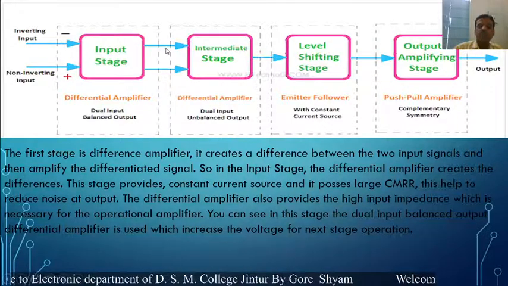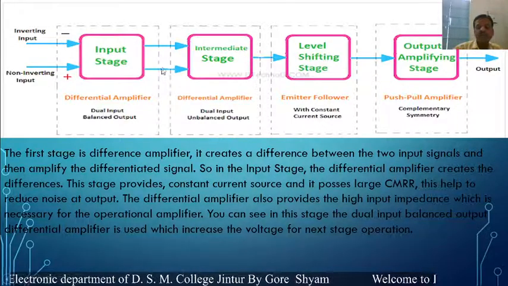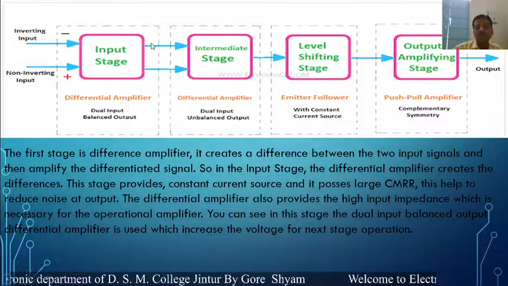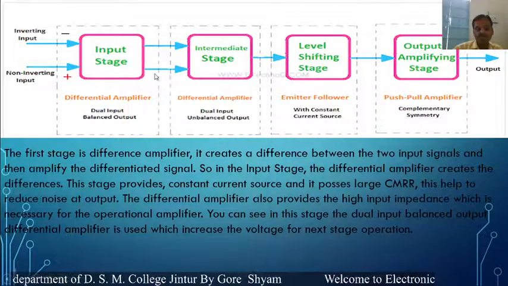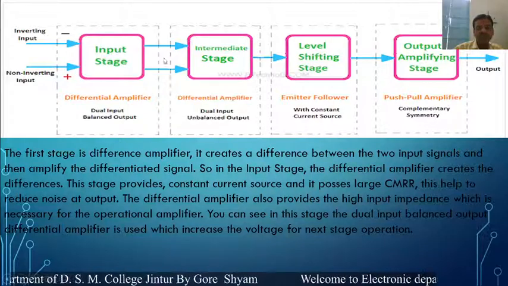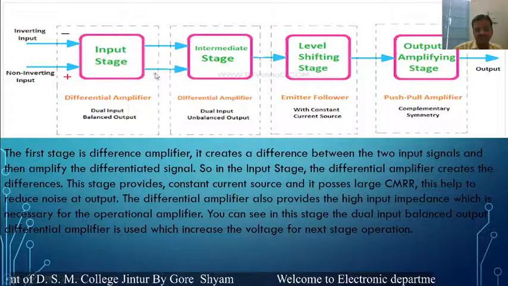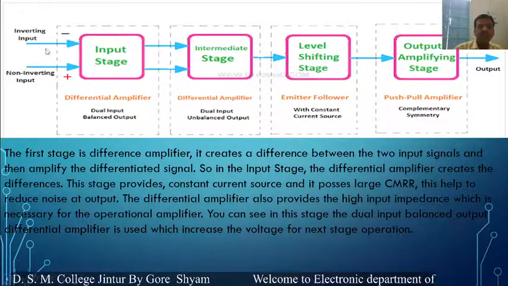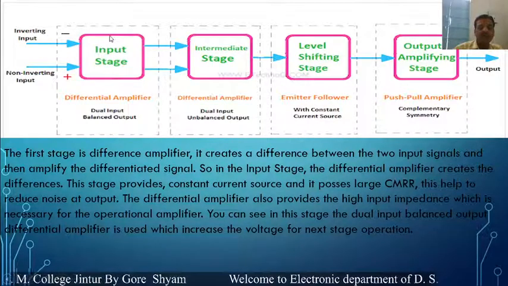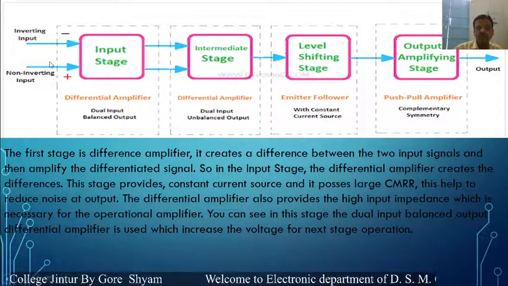The output is taken across both the collectors of the transistors. So it has two inputs and a balanced output, and therefore this difference amplifier amplifies the difference of the two input signals.